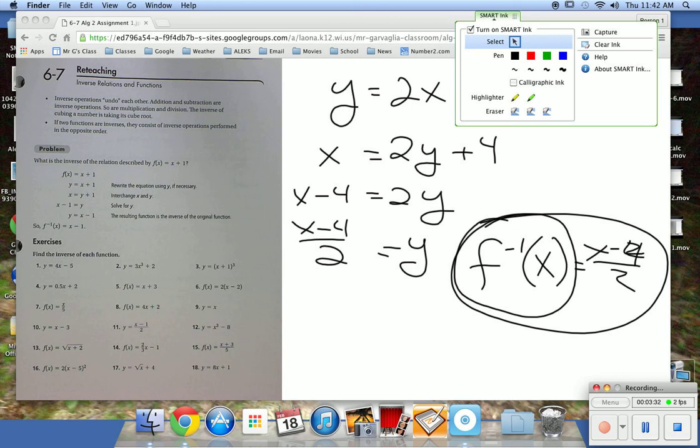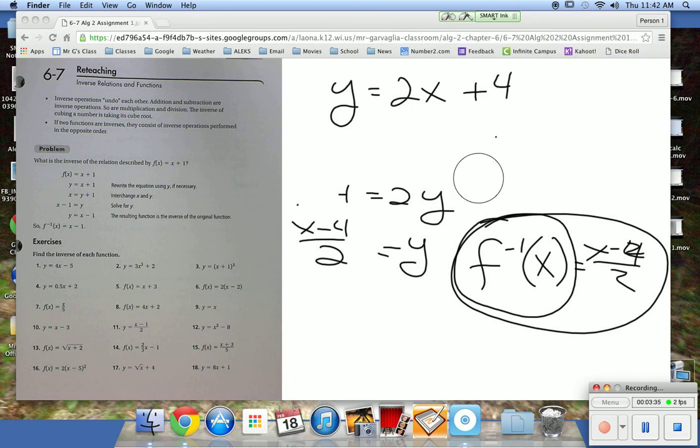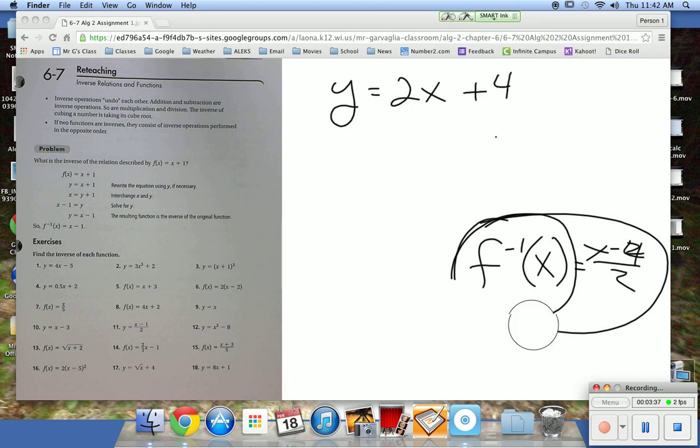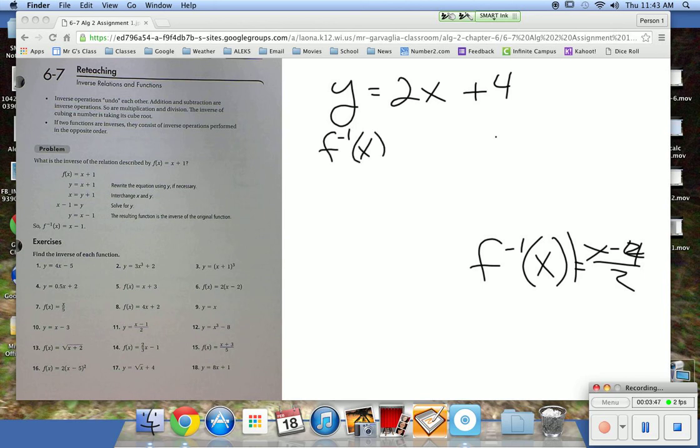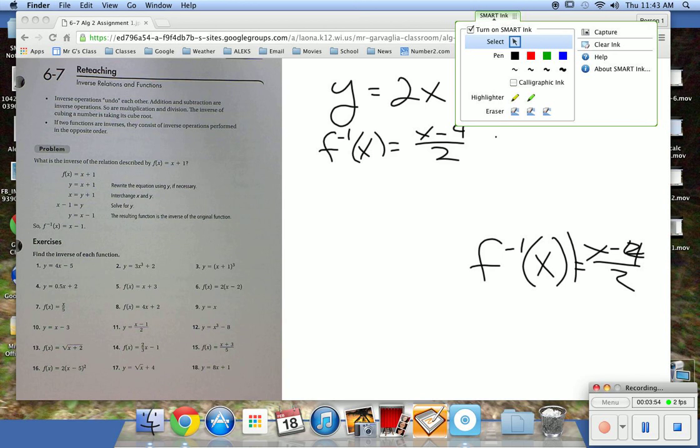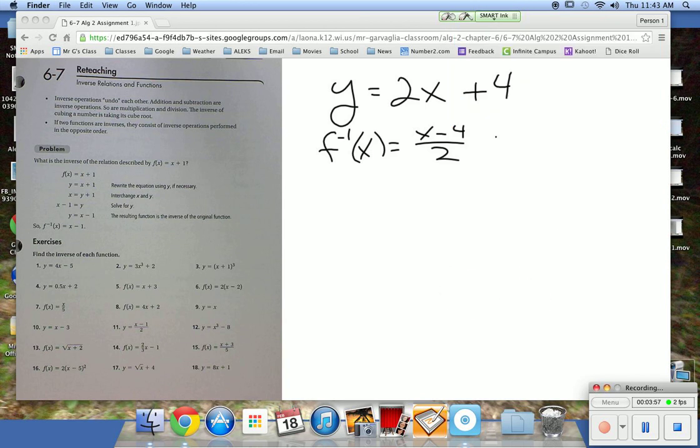Let's do this. I'm going to erase this part of it. I don't need all this. All right. I'm going to say f negative 1 of x equals x minus 4 over 2. Let me erase this now. Watch what happens. I'm going to take this right here, 2x plus 4, and I'm going to put it in for x.